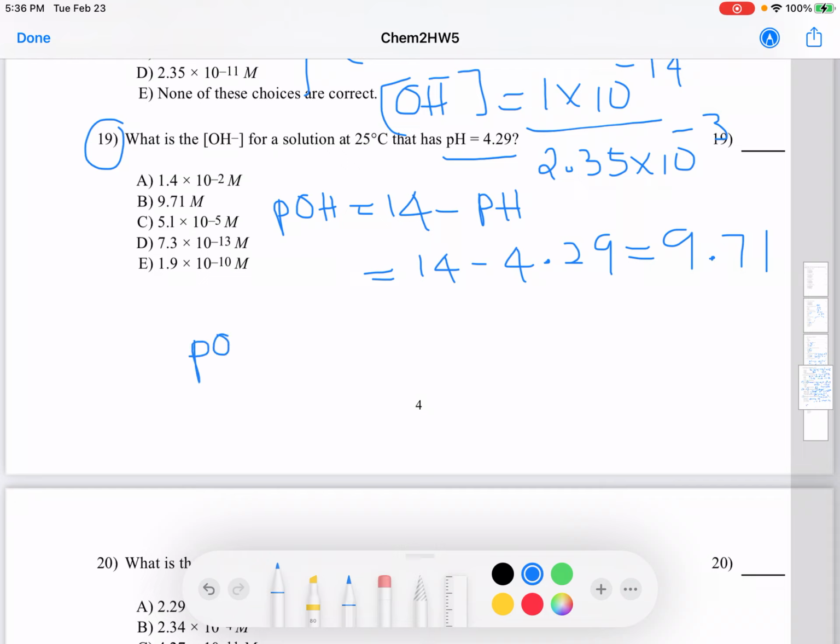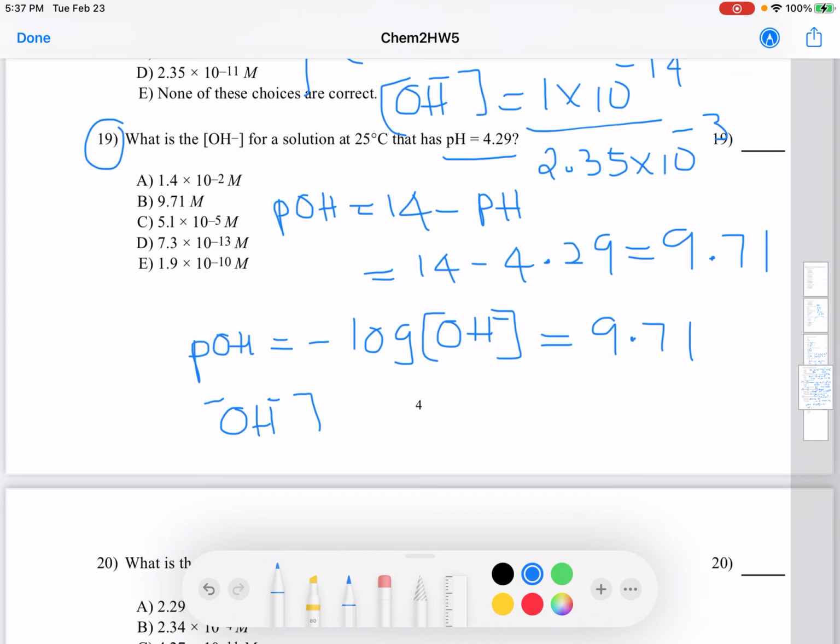Basically, pOH equals negative log of hydroxide concentration, which is 9.71, right? So then hydroxide ion concentration would be 10 to the power of 9.71. I believe it's negative.